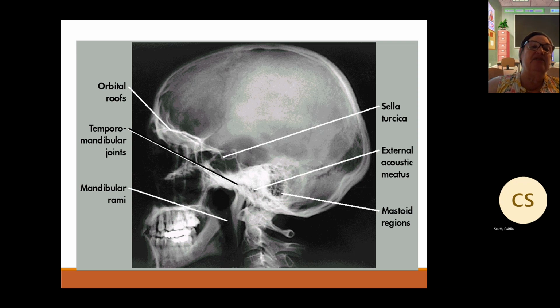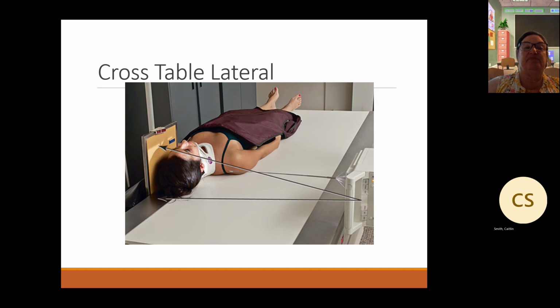You'll get one line here and one line there. Now, if you have a trauma patient and you can't put them into a regular lateral, you can do a cross table lateral. It's done the same way. It's still a 40-inch SID, and we're still centering the same. We just want to make sure that we get the back of the head on.